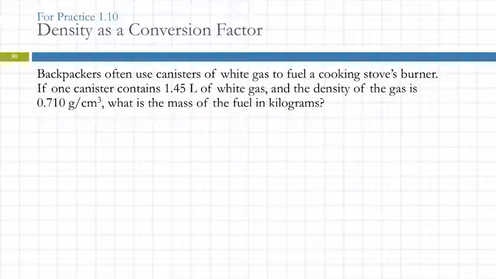So that's what I'm trying to find. So I'm trying to find kilograms. What am I starting with? So I have liters and I have grams per cubic centimeter. So they gave me two numbers. These other problems, we've only had one number. It's been easy to know what we're starting with. So this can be a little confusing.